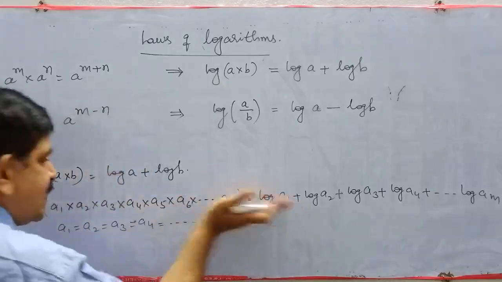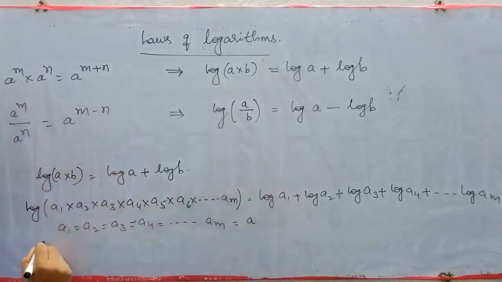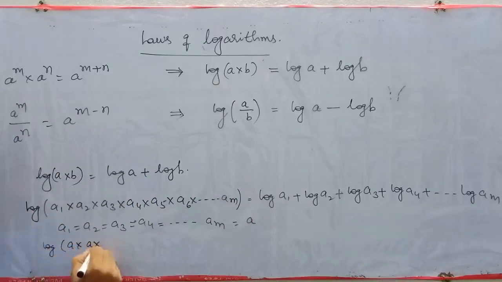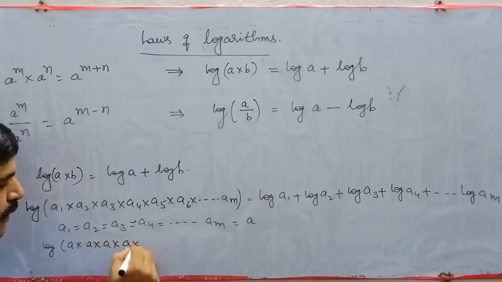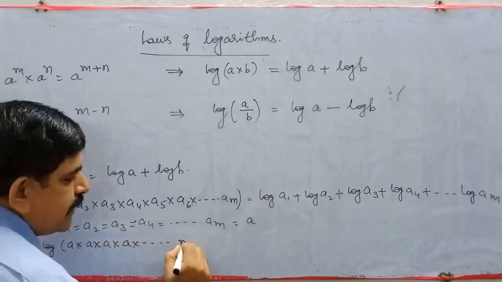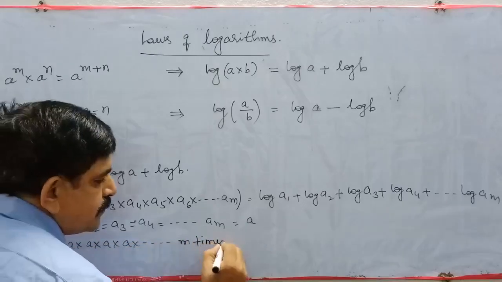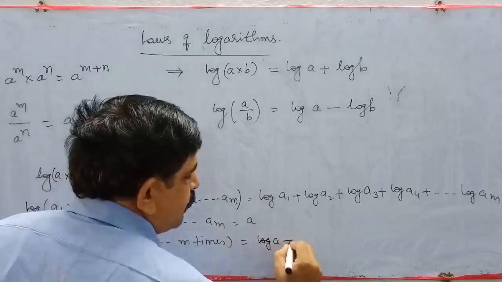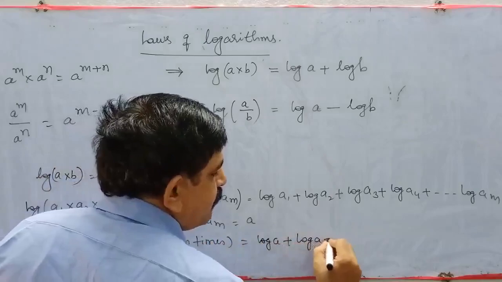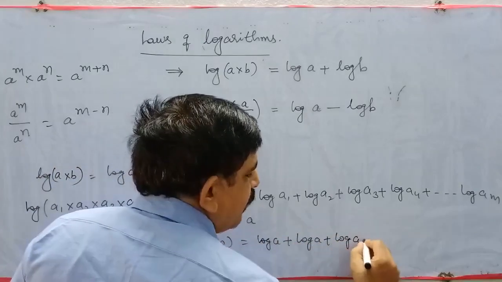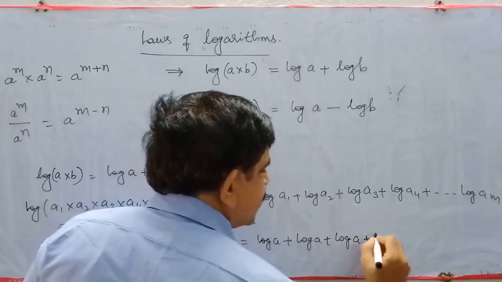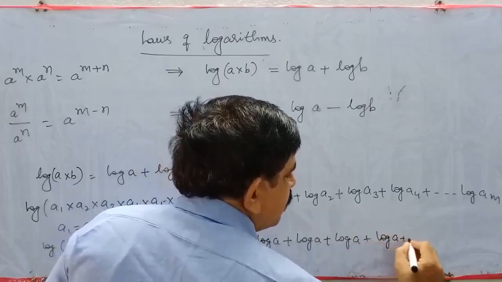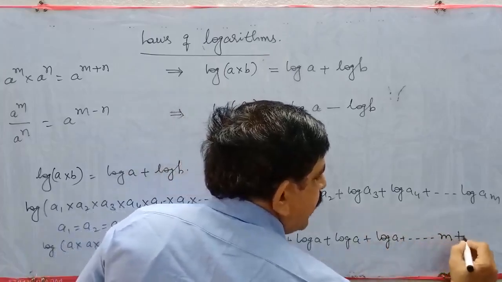Then this becomes log of a into a into a into a and so on m times, which is equal to log a plus log a plus log a plus and so on m times.